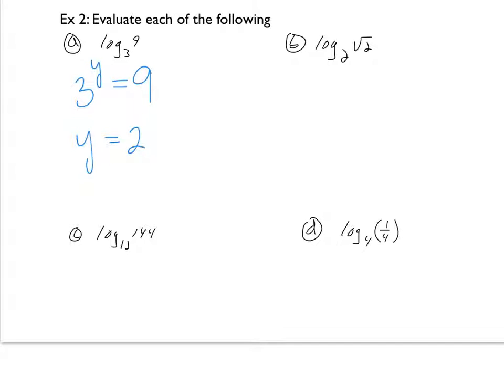Next one, your base is 2, your exponent is what we're looking for, y, and that's equal to root 2. And so, 2 to the power of y is equal to root 2. We can express the square root as exponent of half, so therefore y is equal to half.